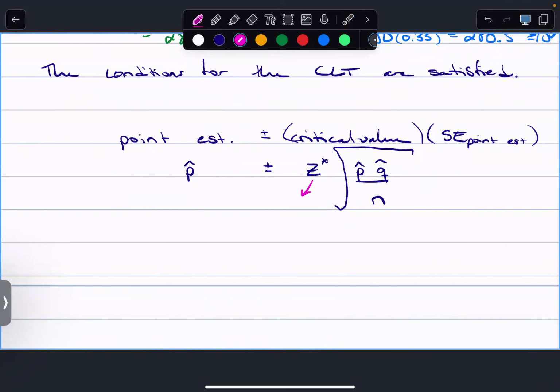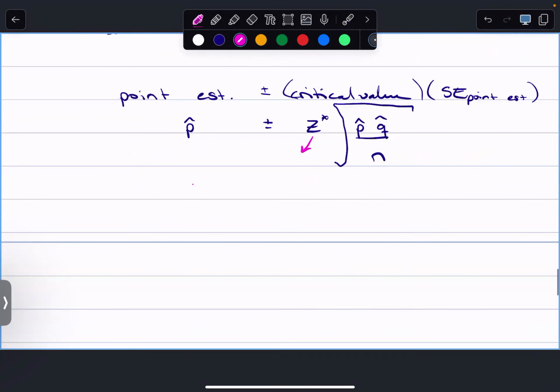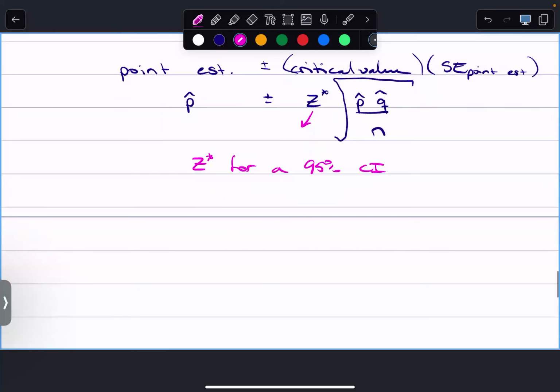But here I'm going to say Z star for a 95% confidence interval is roughly 2 or 1.96. Either one is going to work.